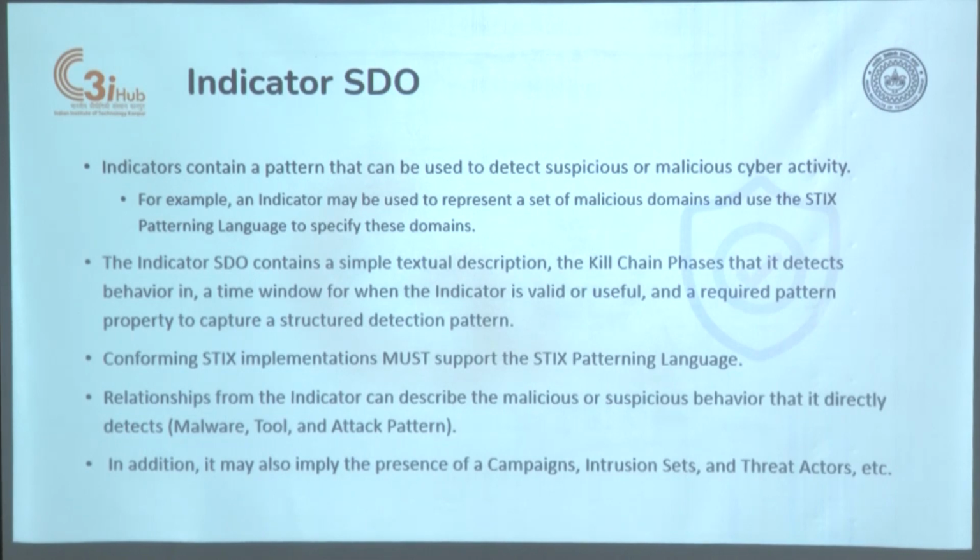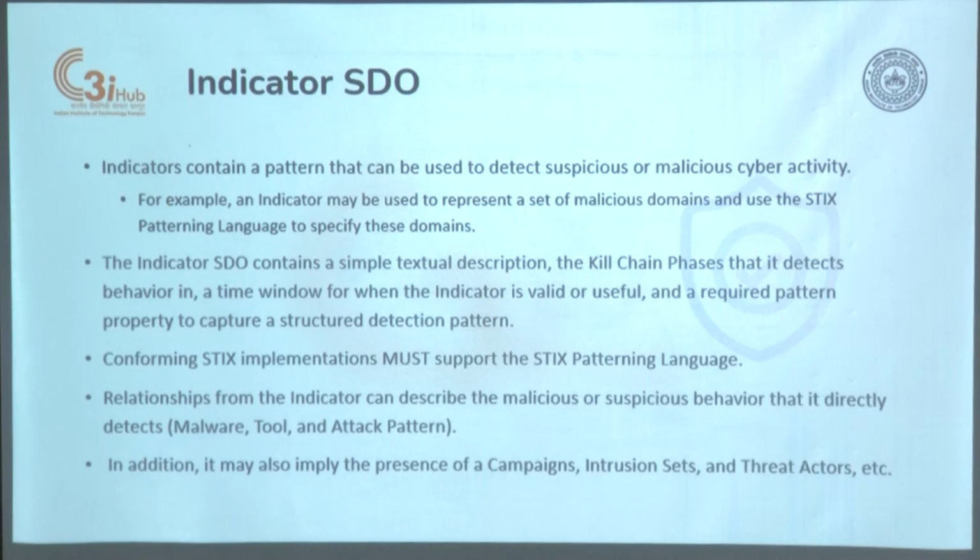Without that visibility, without checking what is going on in your DNS, in your regular traffic, routing traffic, in your new files that are coming in, new certificates that are coming into your system, if you are not observing them, then you are not going to get the benefit of indicators of compromise.